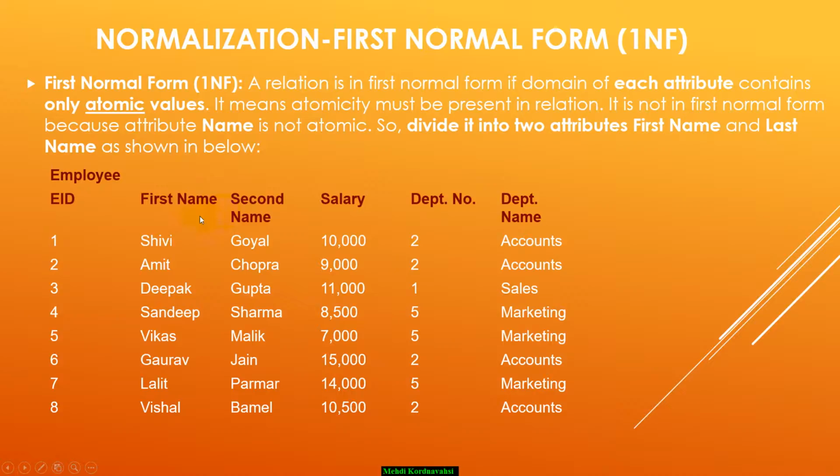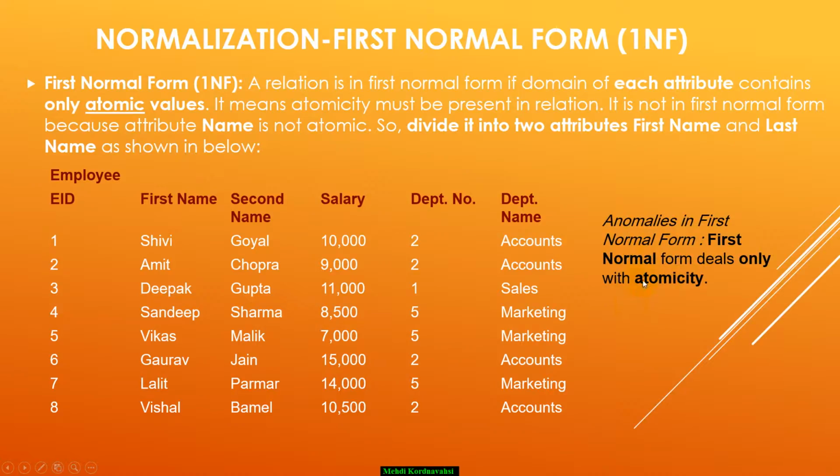So if we had only one name, including first and second name together, the relation is not in first normal form because we can separate a field into more than one field.